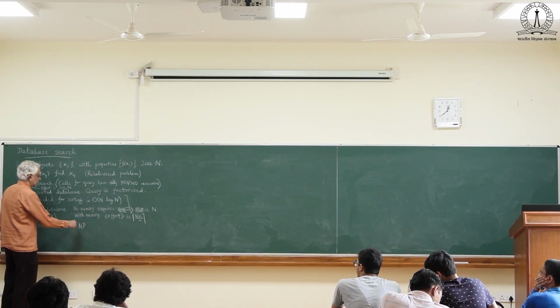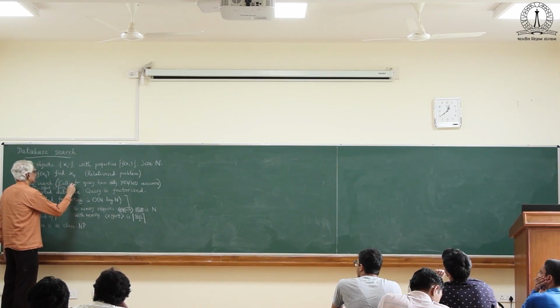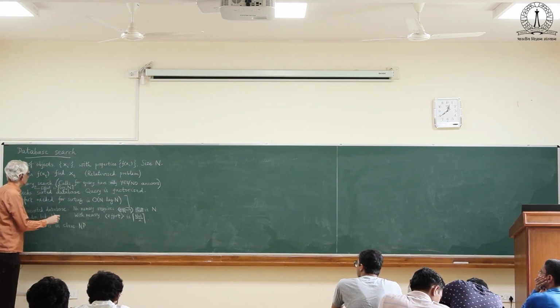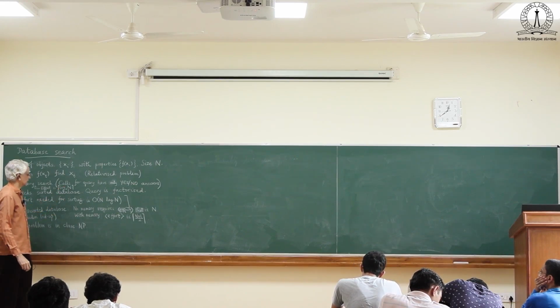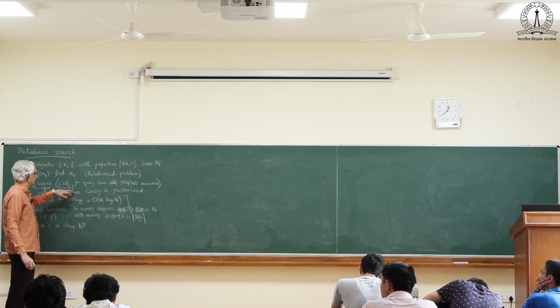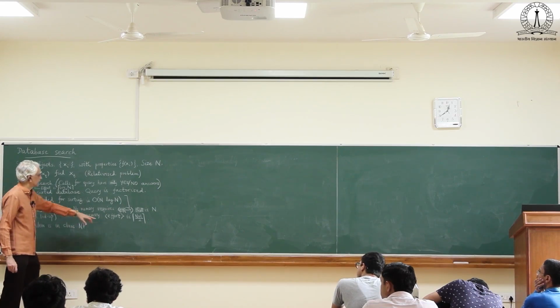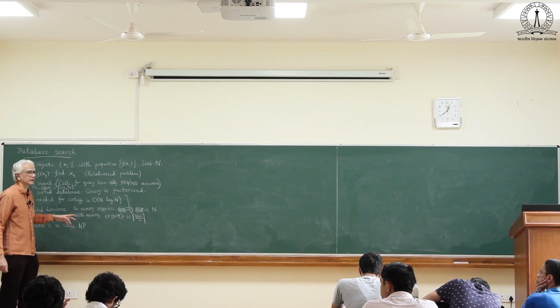And if I want to convert it to integers, I again have to put this truncated number, because these logs are not going to be integers in general, but this is the effort. So yes, there is a gap between having this sorted structure and having an unsorted structure, which is exponential.